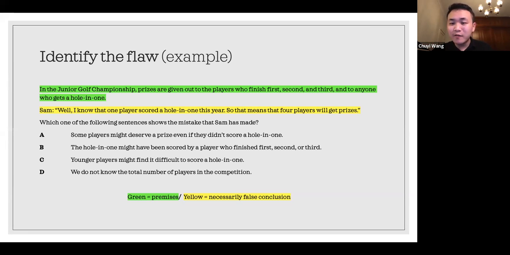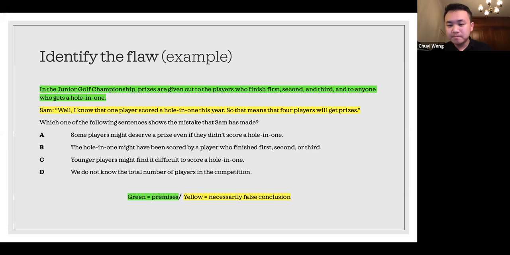And the question is about how many players are getting prizes. So even if they did get 2 prizes, it would still be the same number of players. So it is possible that the person who came first, second, or third also scored a hole-in-one. It also means maybe there's extra people who scored holes-in-one, but we don't have to worry about that. All we have to do is figure out what is the most likely mistake that Sam has made.